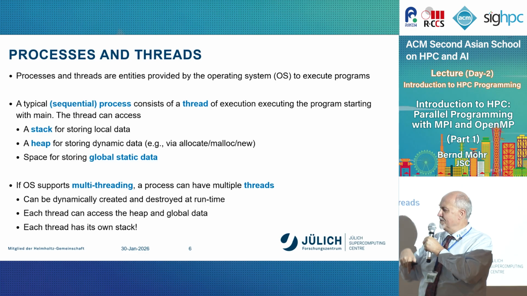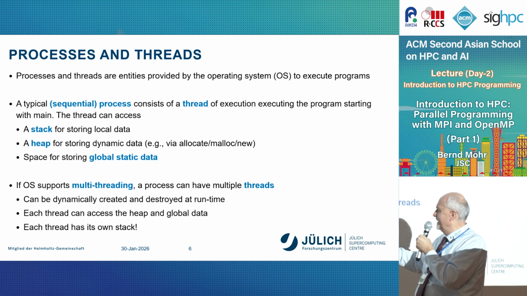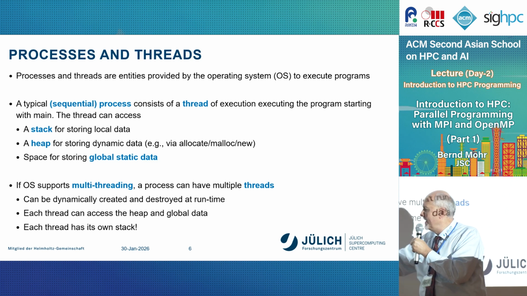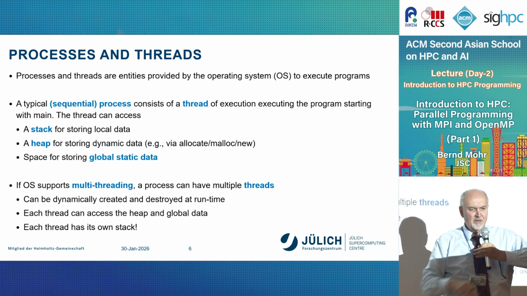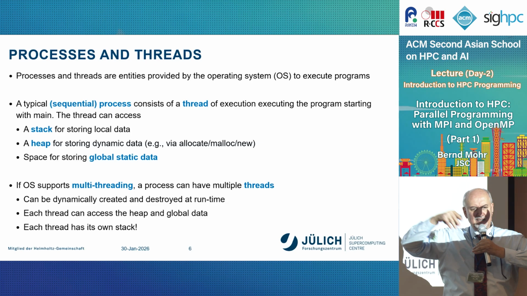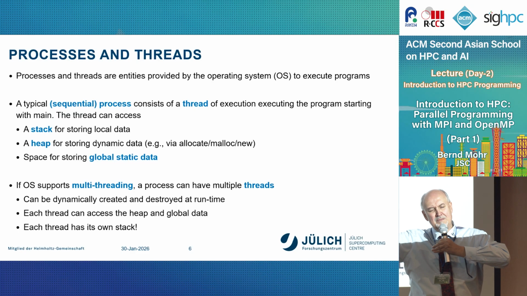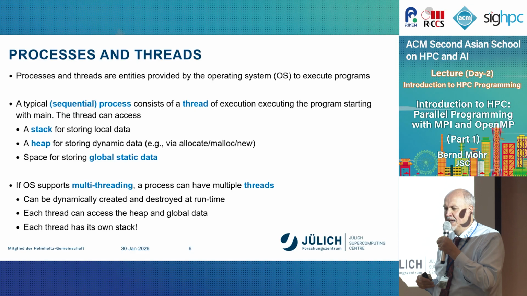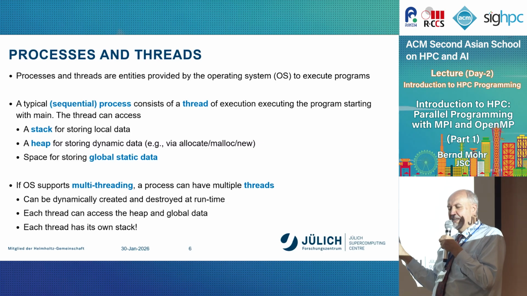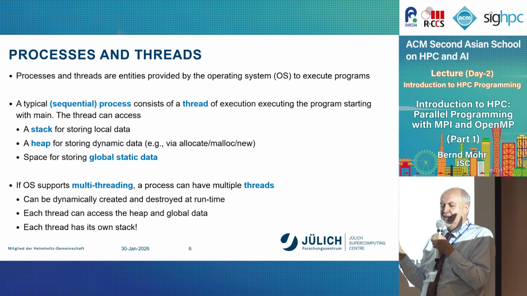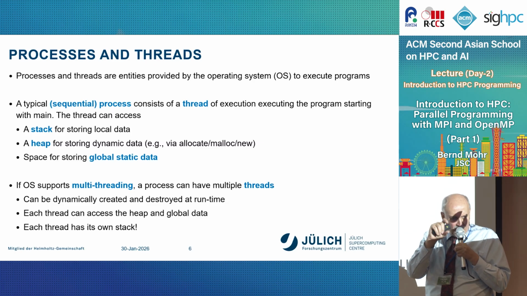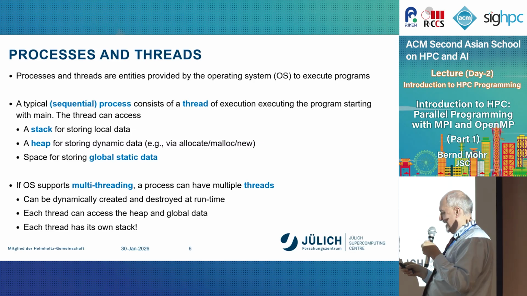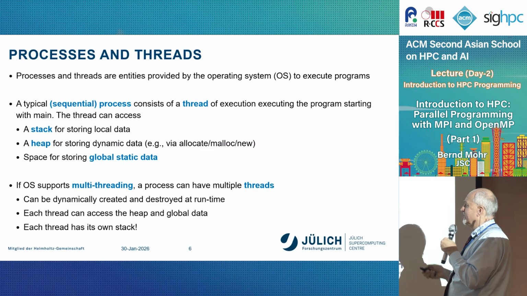Because they are together in one process, they both have the same heap and the global data. They can still work on the same memory, and the dynamic memory I'm allocating I can also use. But every thread can run its own functions, so we need different stacks which store the function local data.